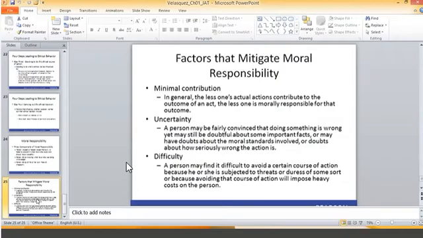Uncertainty: you are not clear whether that action involves an ethical issue or not. You're not very clear. So it might give you some kind of less responsibility for your action. As I mentioned just now, for example, maybe you take the action and of course, clearly it involves a conflict of interest, but you are not sure. You don't have knowledge of that.